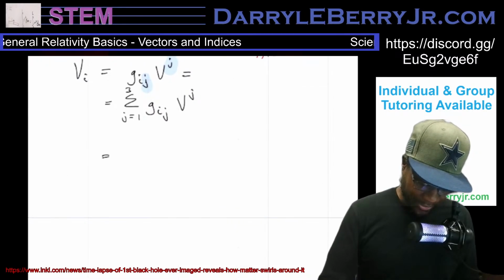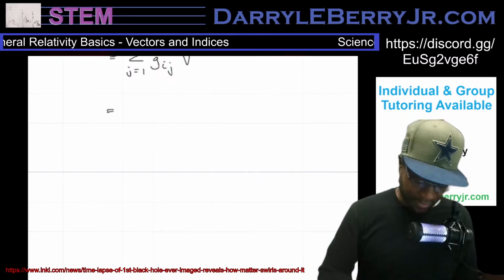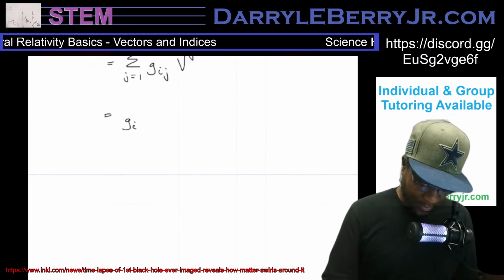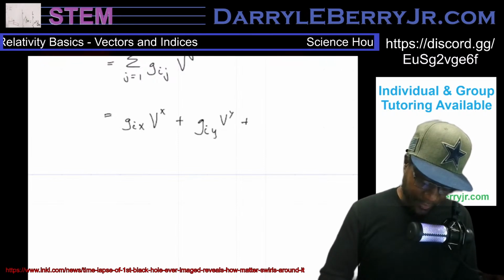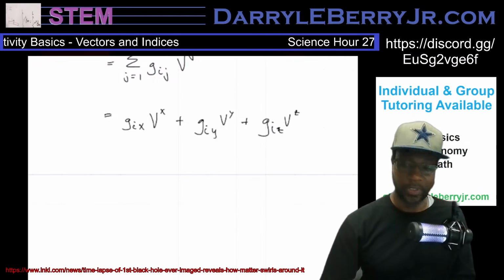So what this notation actually means in relativity is g_ix Vx plus g_iy Vy plus g_iz Vz. Weird, right?